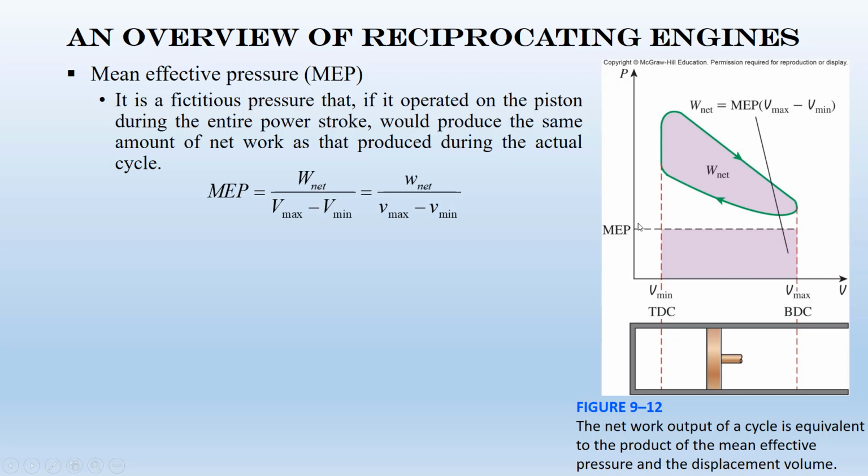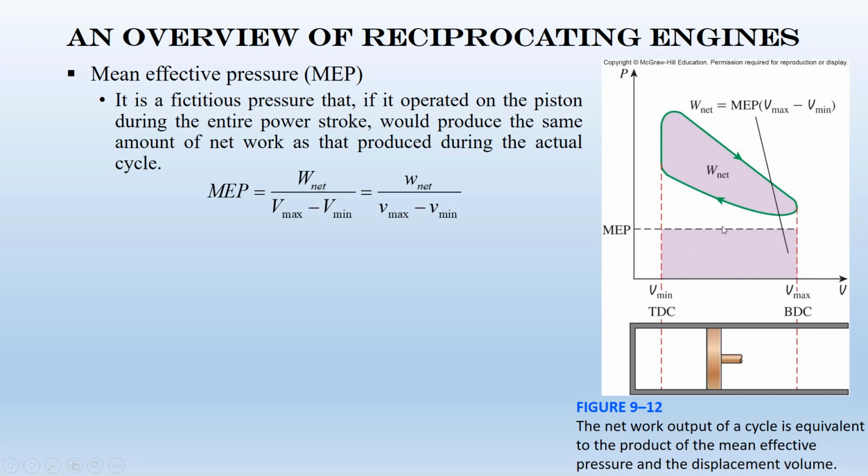So the MEP is a fictitious pressure that produces the same amount of net work as that produced during the actual cycle. This is the fictitious constant pressure, and the area under this line equals the W net, the area under the P-v diagram.